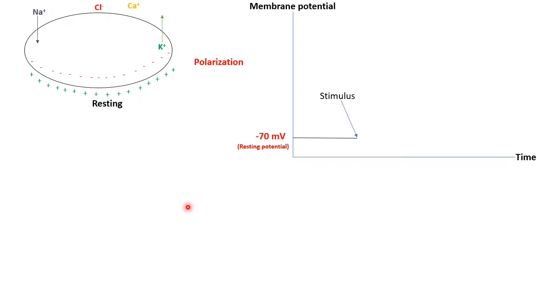Some sodium ions enter inside the cell, and sodium is positively charged. So we have a larger potential. This value, which is negative 70 millivolt at resting, would be less negative.